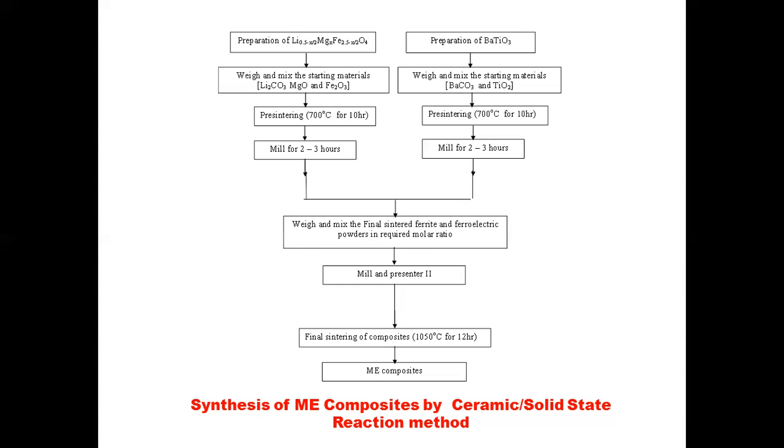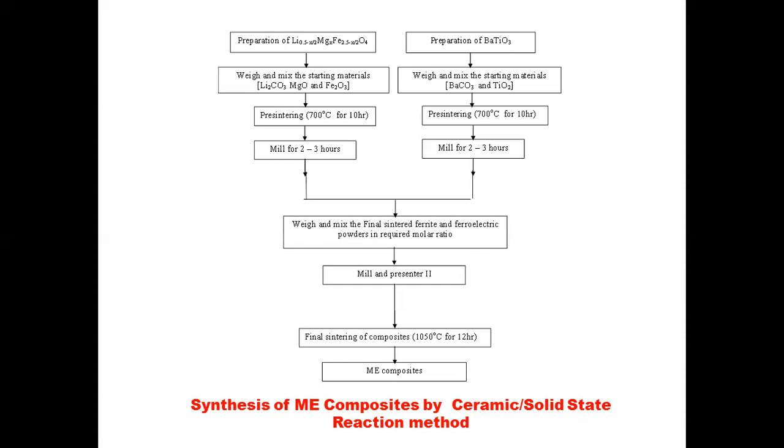On the left you are looking at the flow chart for synthesis of a ferrite material. This is just an example. Lithium magnesium ferrite is chosen here because it has good resistivity values and a very high Curie temperature.